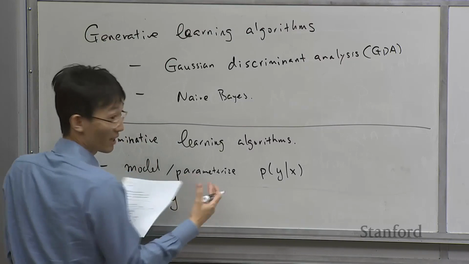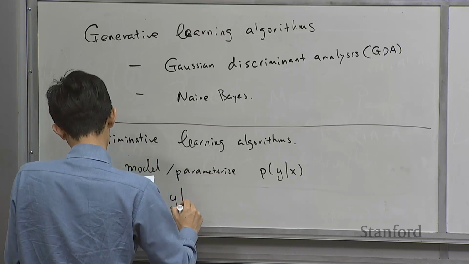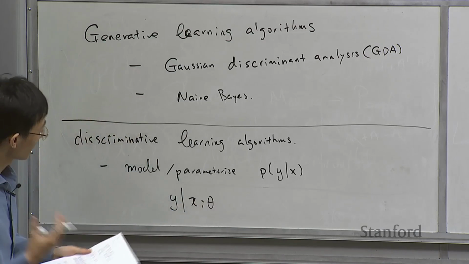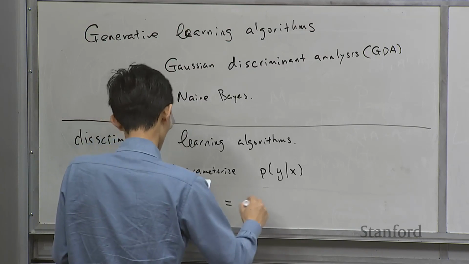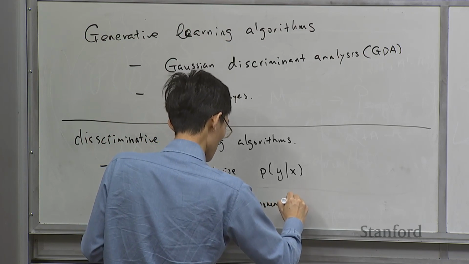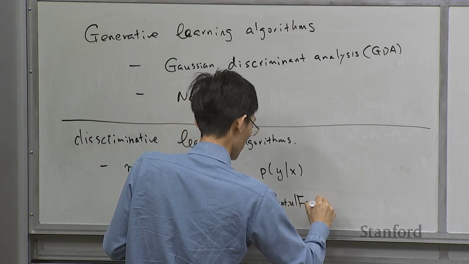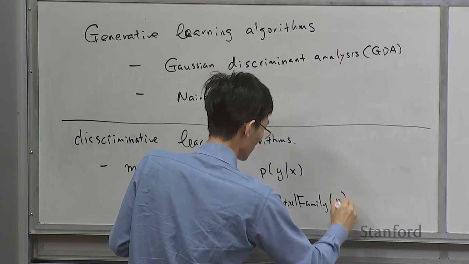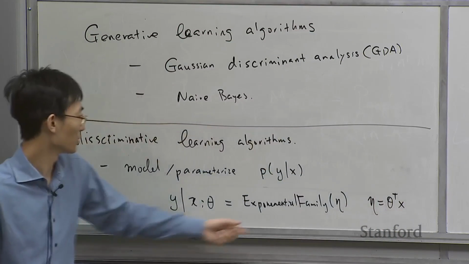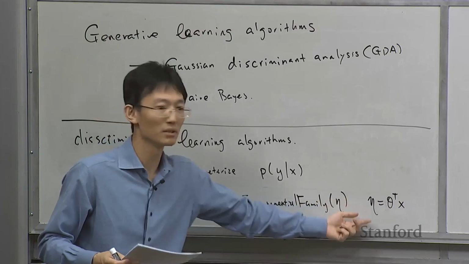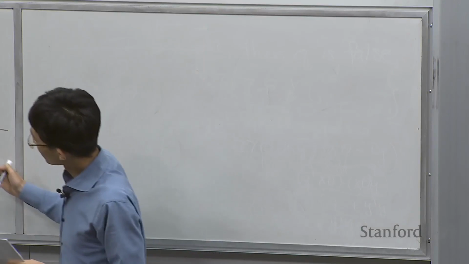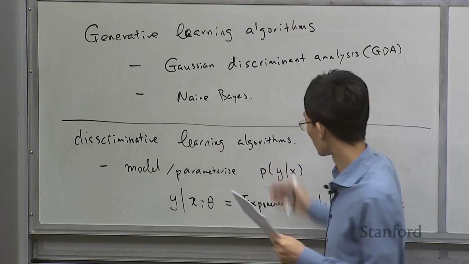In the most general form, the last 2 weeks can be summarized as: the distribution of y given x parameterized by theta is some distribution in the exponential family with some parameter eta, and this eta is a linear function of x. For example, you can say this is a Gaussian distribution with mean eta, and that's just standard linear regression. So this is why we call them discriminative learning algorithms.